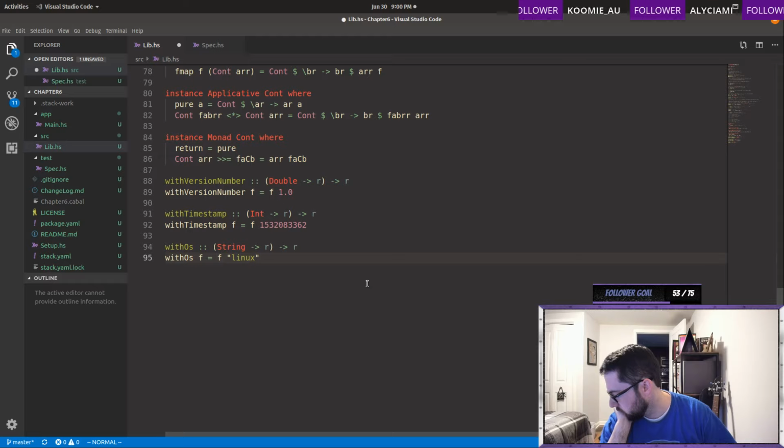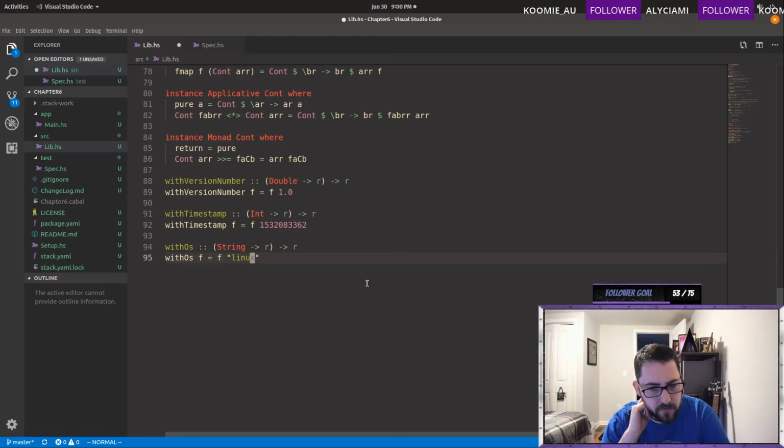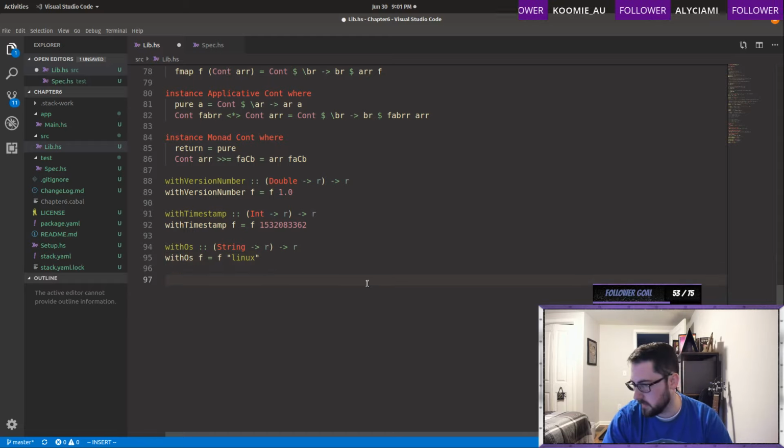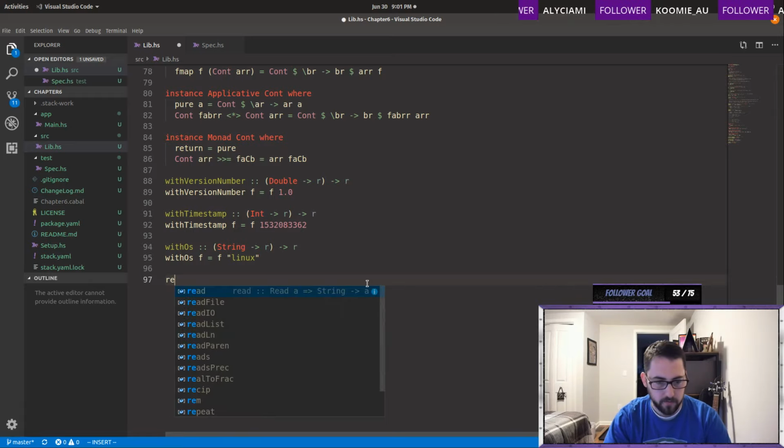So what is this for? What are we trying to accomplish here? We're trying to make an R from a double, or an R from an int. Why are these called with OS, with timestamp? What's the point here? I'm not sure. My understanding is that we're going to compute these asynchronously and do something with the value.